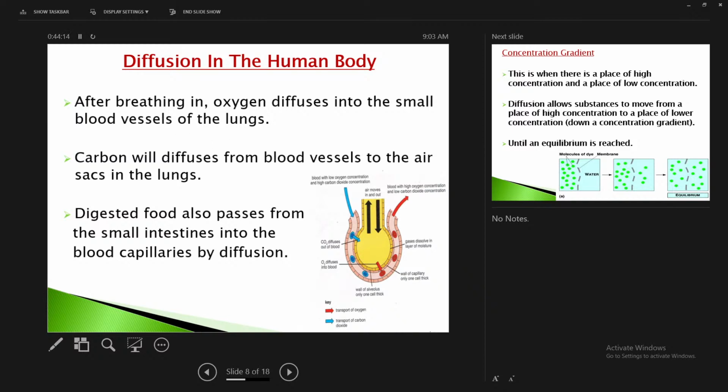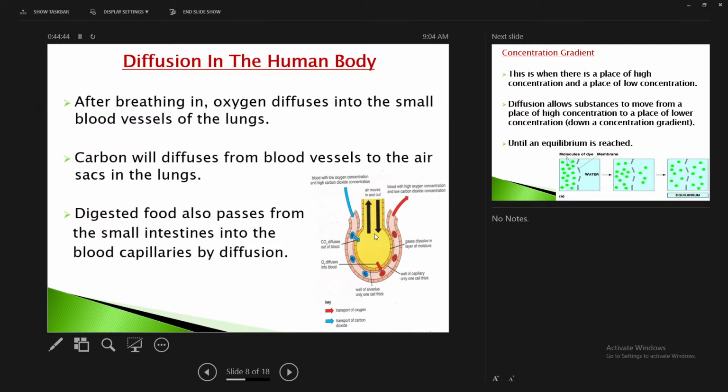They are saying after breathing in, oxygen diffuses into the small blood vessels of the lungs. And the image is showing something known as the alveoli, located inside the human respiratory system.